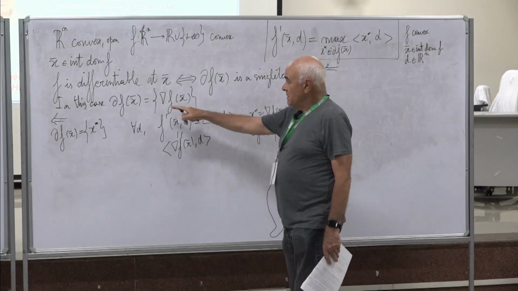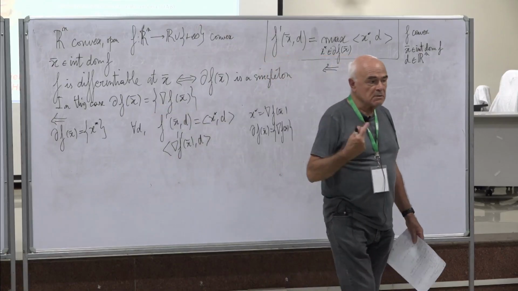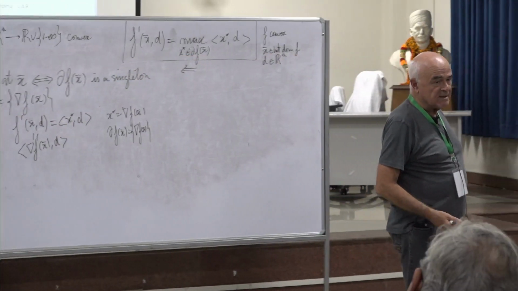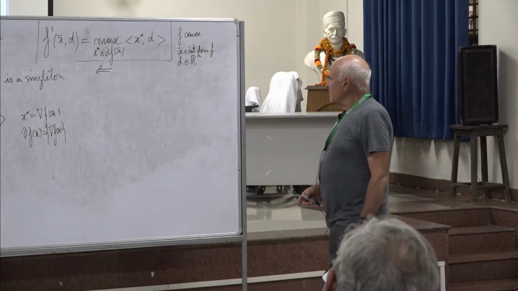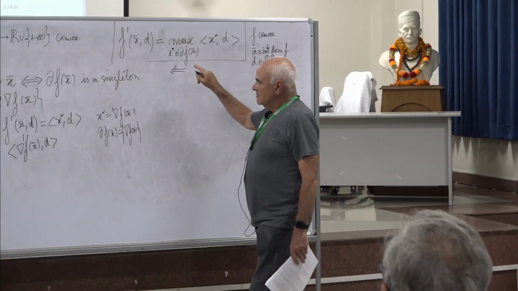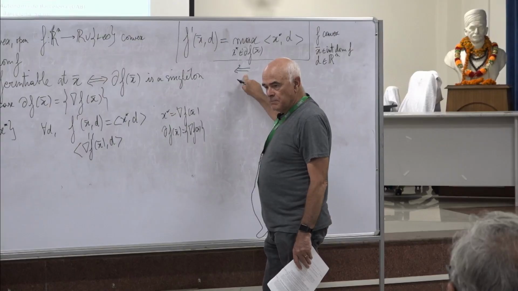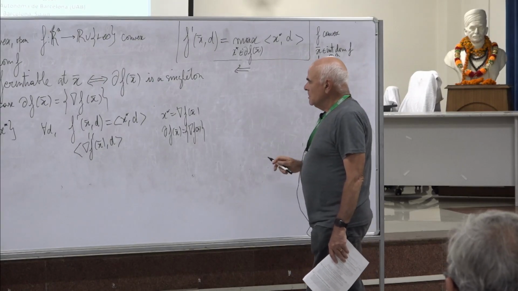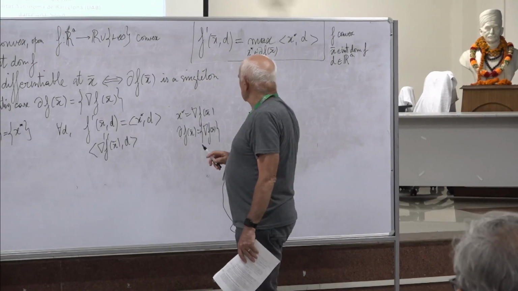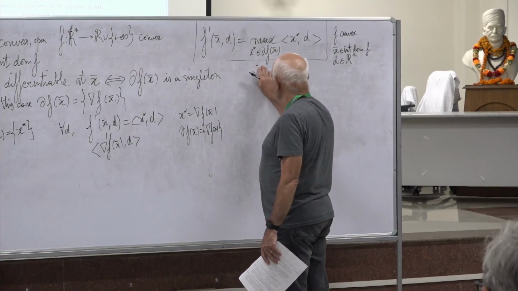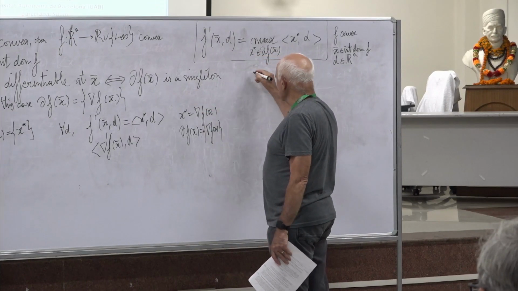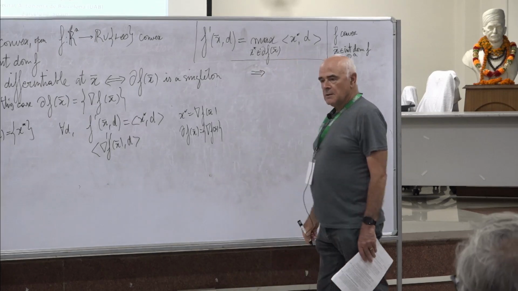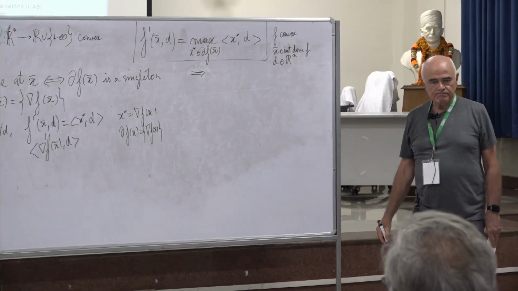But in fact, this equality, which is already proved, we are going to prove again, as a consequence of this implication, which I'm going to prove next. This was what we already proved, so we are now proving from left to right.